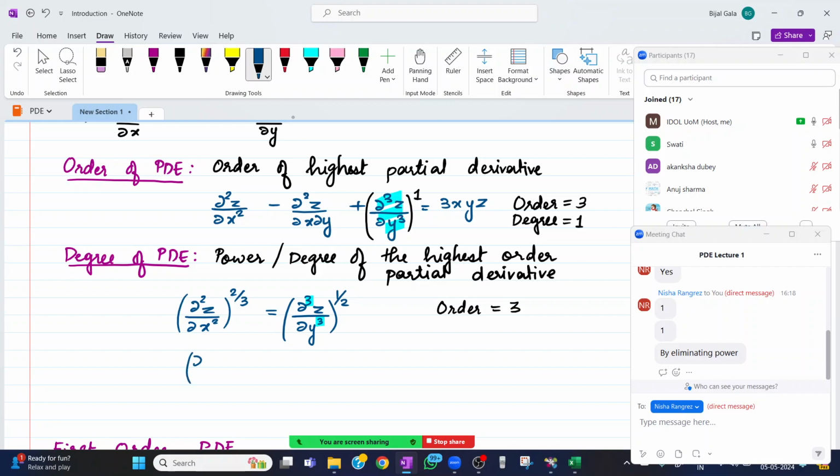So once I do that, here I'll get power 4. And here I'll get power 3. Is that correct? Yes. And with that, my degree now becomes how much?